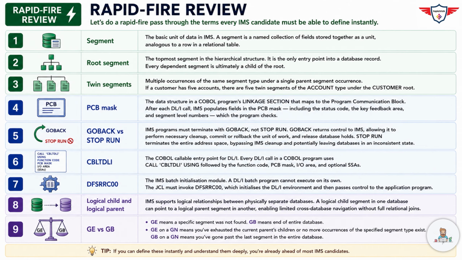The next one is DFSRRC00, and it actually stands for Data Facility Storage Region Resource Controller 00. It is basically a suffix indicating the base or the primary version of the module. So in plain terms, it is the IMS Region Control Program.